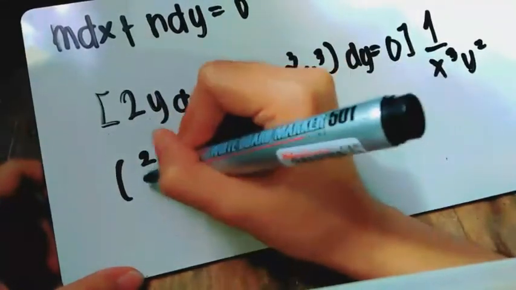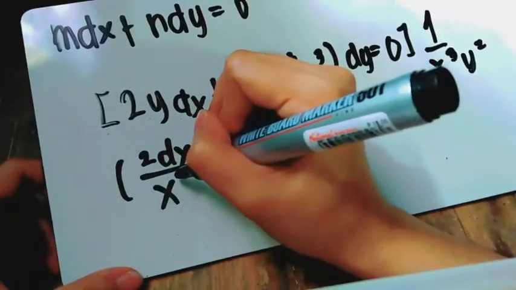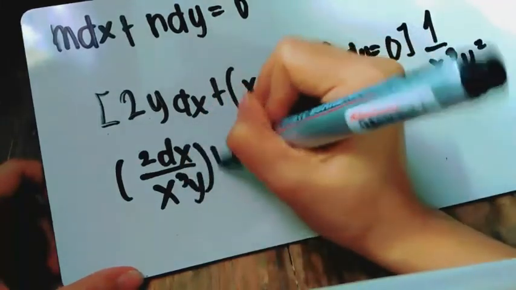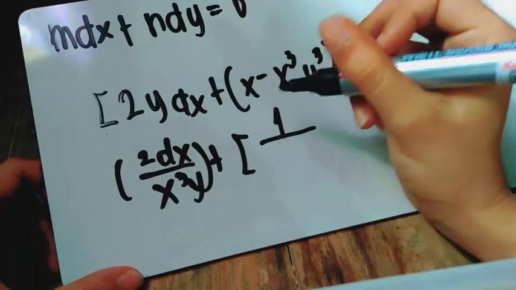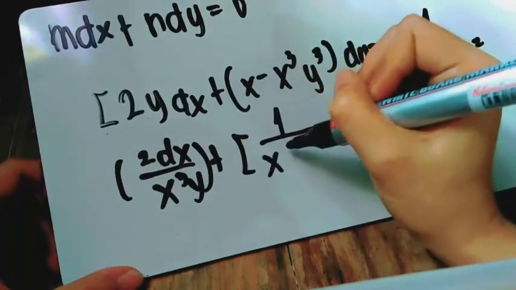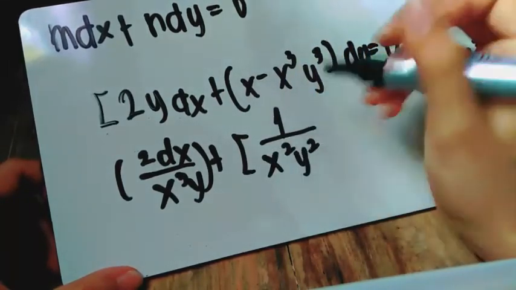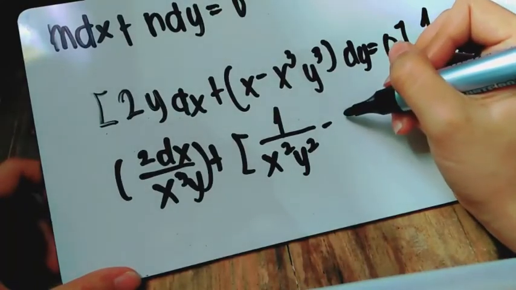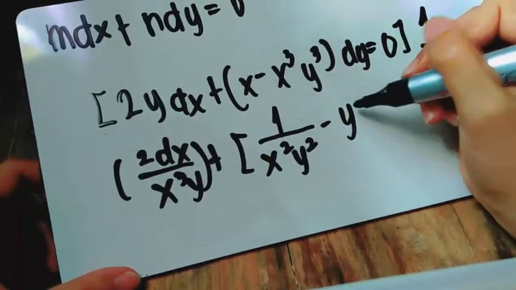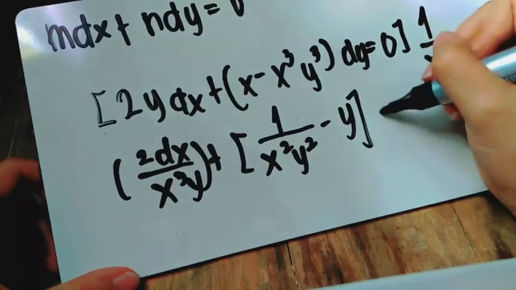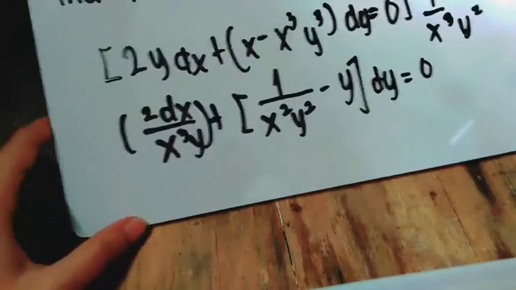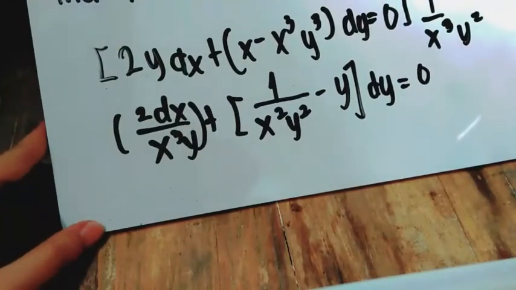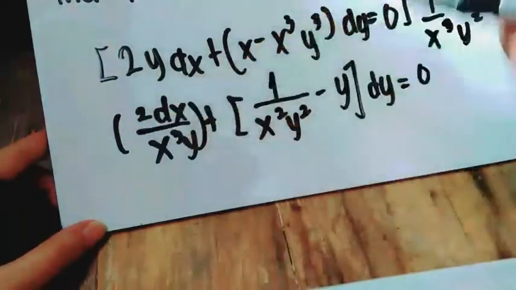We get 2 dx over x cubed y plus 1 over x squared y squared minus y dy over x. We can now have our new m and n.